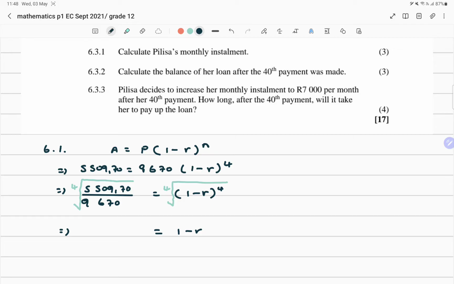But now let's deal with that other part, which is 5509.70 divided by 9670. This one gives us a 0. Oops, no, I took a square root. I want the fourth root. So sometimes be careful, guys, of how you calculate these things.